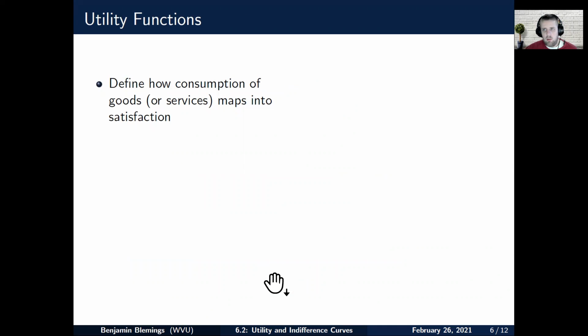Now I want to talk more in depth about utility functions and marginal utility, and this will lean on calculus, to integrate lessons from calculus. Utility functions just define how the amount of goods that you consume turns into how much satisfaction you get.